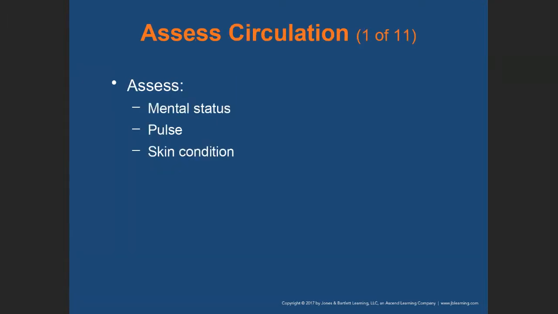And if respiratory failure is not corrected, then it will go to respiratory arrest, which is no chest rise with a pulse. If that's not corrected, it will go to cardiopulmonary arrest. No breathing, no pulse. Now, after the breathing assessment is completed, you will move into your circulation.